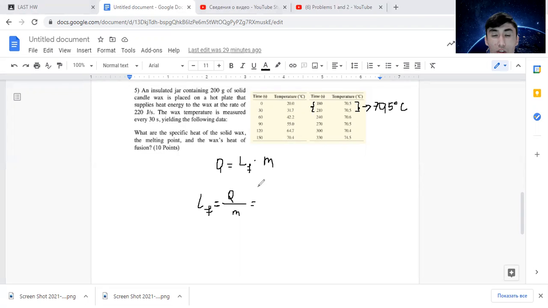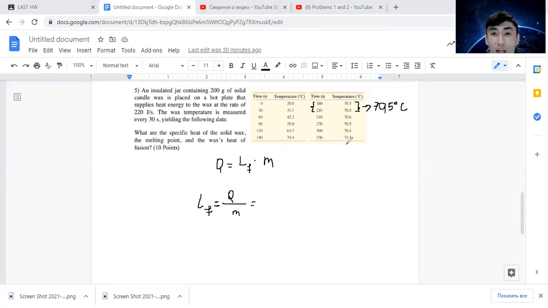So how much heat was supplied to reach the melting point? As we see here, the time used to reach the melting temperature 70.5 was 180 seconds.